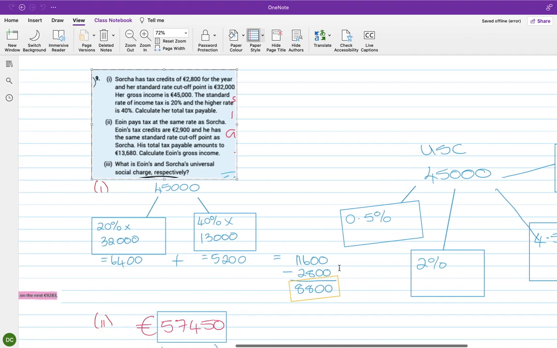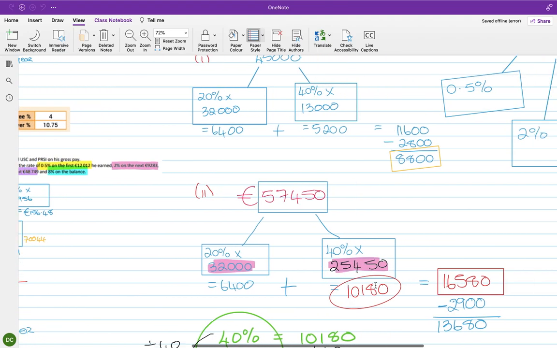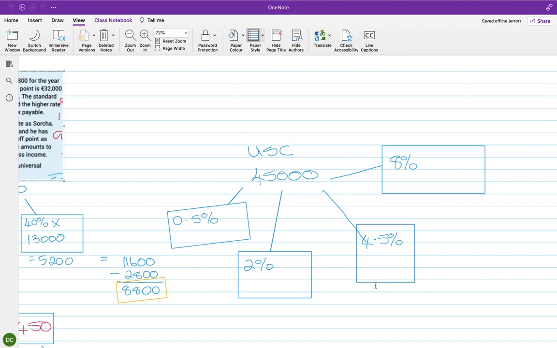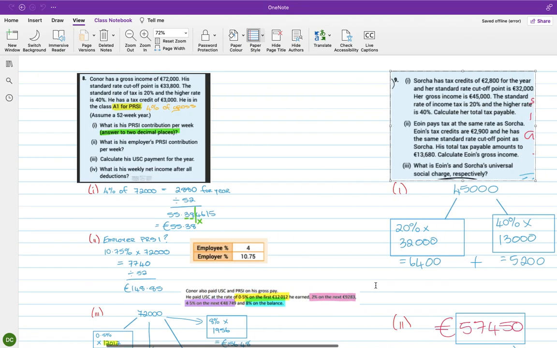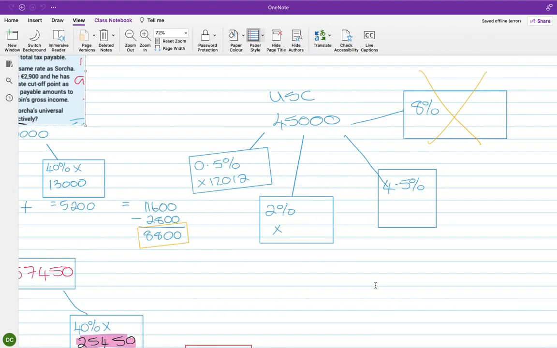But if you remember, for the 4.5% box, I figured it out. They had to earn over this much, see the yellow number? And she doesn't. So we definitely won't be doing that box. So this is 12,012. The second one is 9,283. And then the third one is whatever is left.